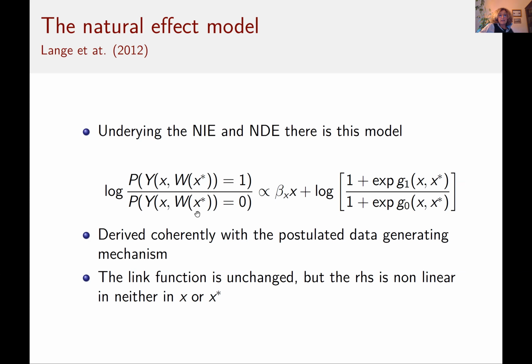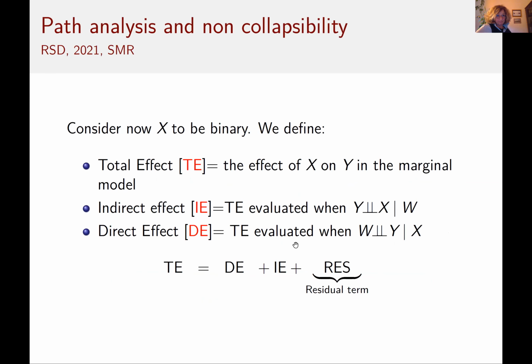So this is a natural effect model which is derived coherently with the postulated data generating mechanism, and the link function is unchanged, but the right-hand side is non-linear, neither in X nor in X star, which is an interesting message.